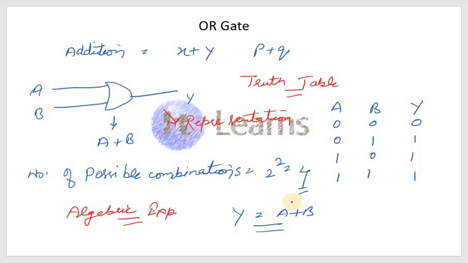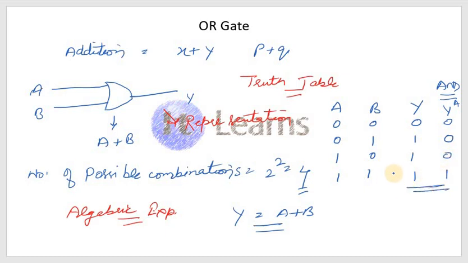Now you see the difference between OR gate and the AND gate. See the difference.